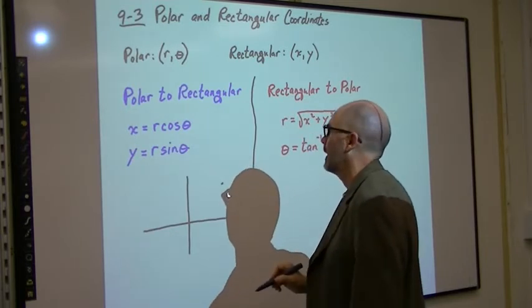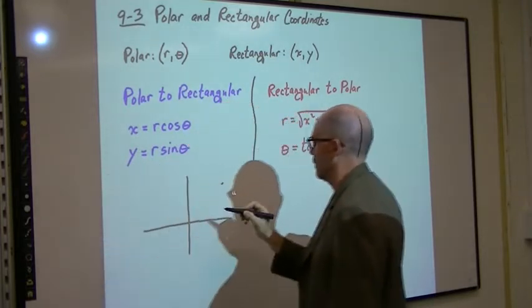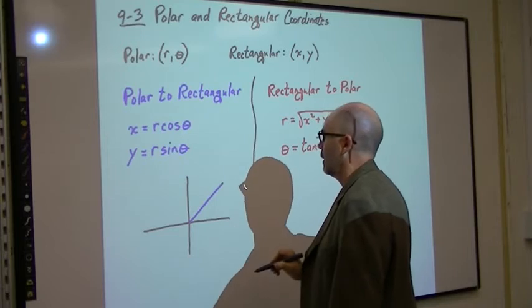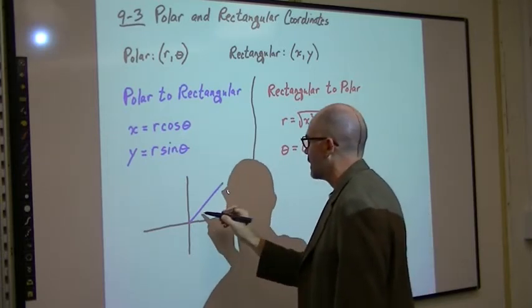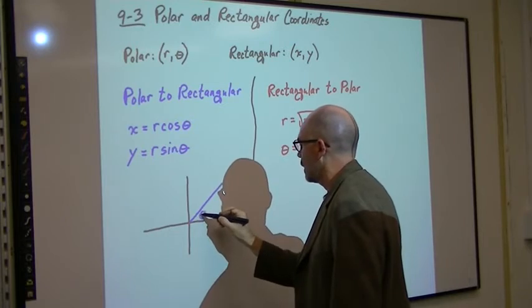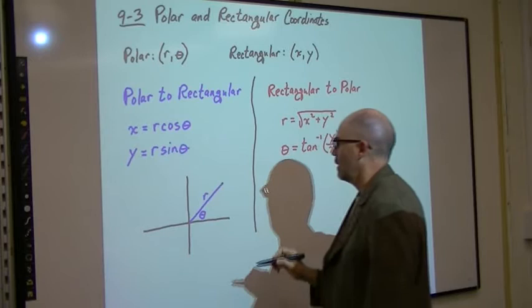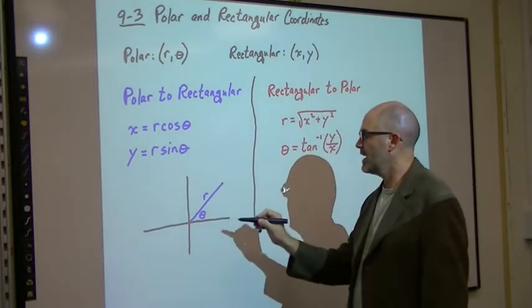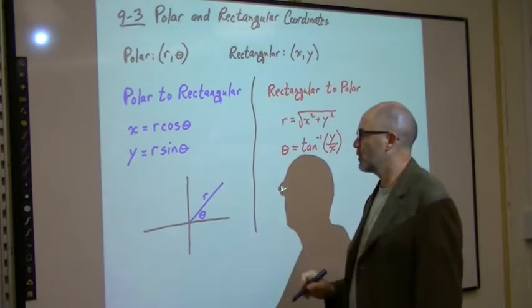Now, if we have our polar coordinate, then that's going to be r at theta. R, the distance from the origin to the point, and theta, the angle from 0 degrees.